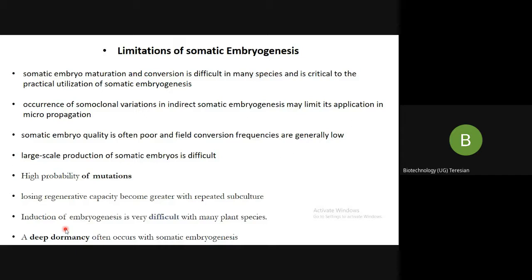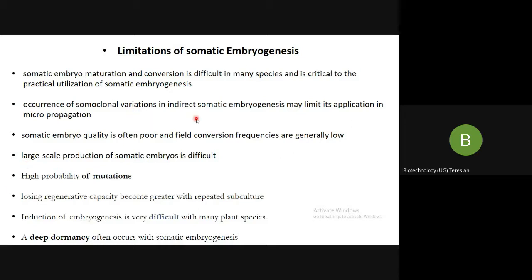Okay, so this is another drawback, because the plant tissue culture labs are trying in so many other species, but still the results are not satisfactory, or it is back to square zero.